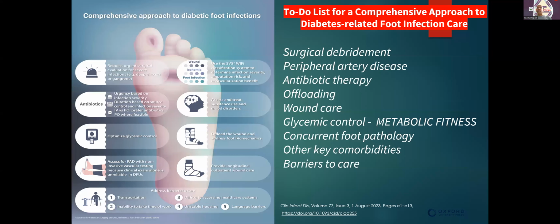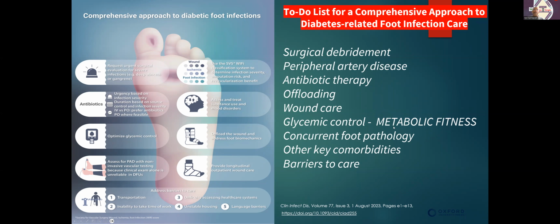And the Infectious Diseases Society of America came up with an evaluation and management approach for diabetic foot infection, wherein they come up with options for a stepwise approach, including surgical debridement, addressing peripheral vascular disease, optimal blood glucose control, and making sure that there is significant offloading, and also glycemic control with significant improvement in metabolic fitness.